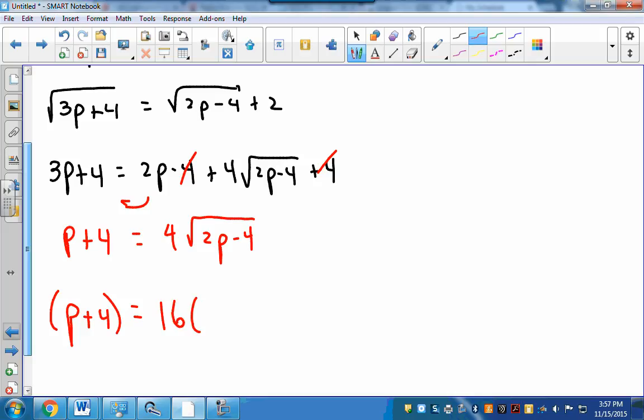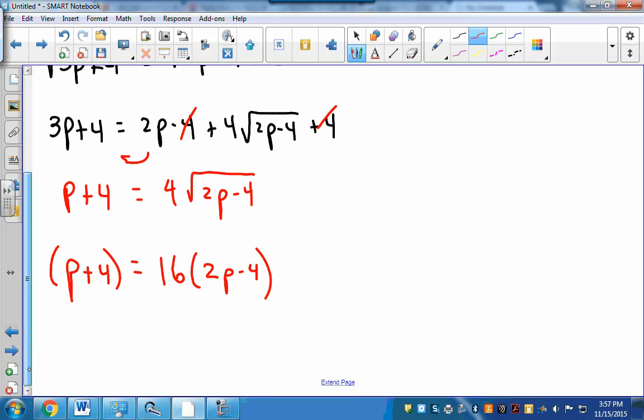And squaring the square root of 2p minus 4 gives me 2p minus 4. Okay? So let's see. I've got p plus 4 is 32p minus 64. So subtracting p, I get 31p is equal to minus 30.